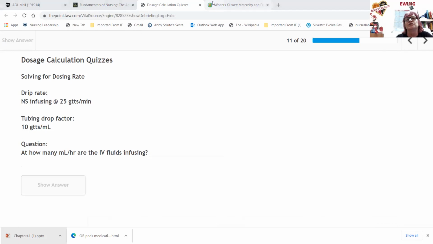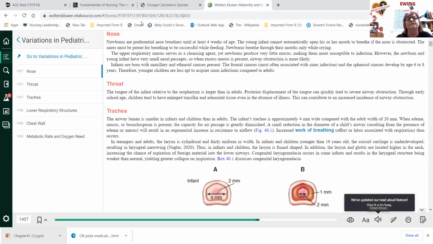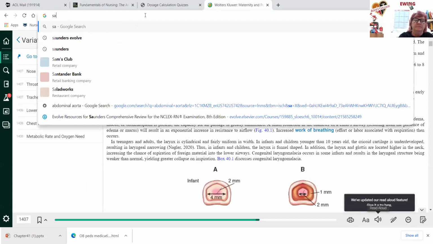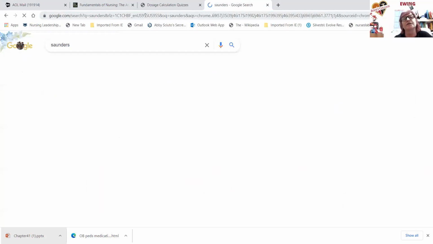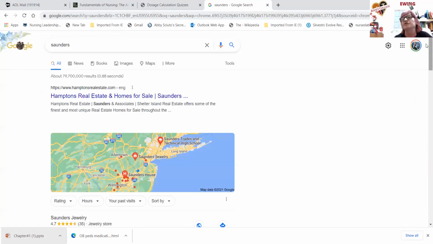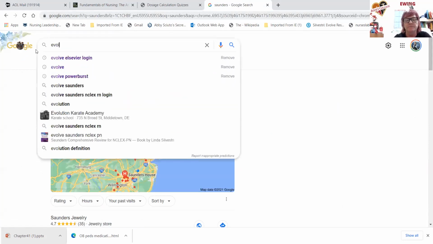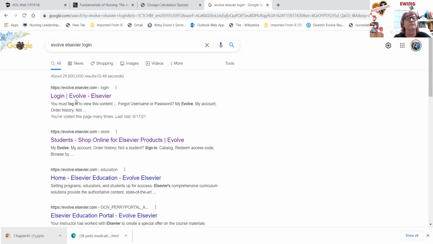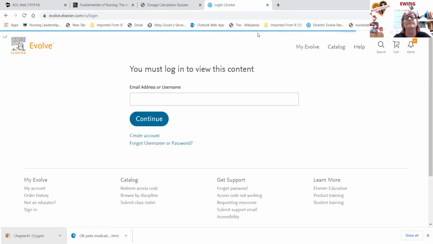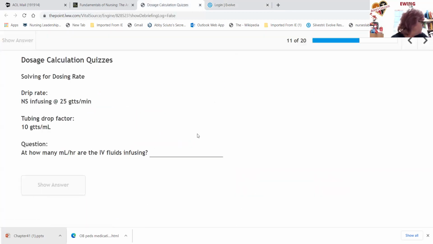Okay, while you guys do this one, did it change my screen? No. Okay, now it did. All right, well, I'm going to go into Saunders anyway, because I want to pull up some questions that have actual problems attached to them so that you'll be able to decipher what you should be pulling out. Okay, you guys got the numbers for that? I got 150.